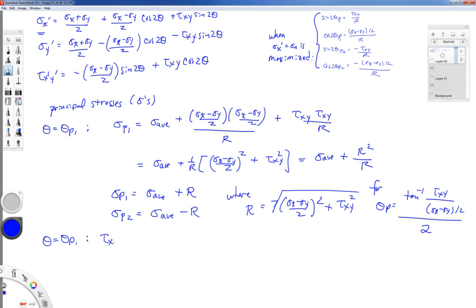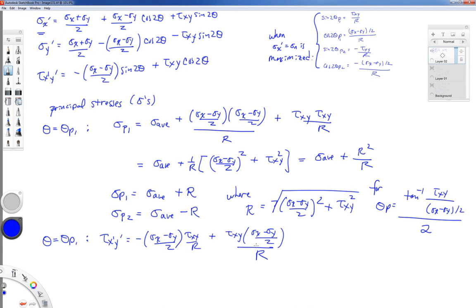The tau x prime y prime equation will be equal to minus sigma x minus sigma y over 2 times sine 2 theta p1, which is tau xy over r. Then we're going to have plus tau xy times the cosine of 2 theta p1, which is sigma x minus sigma y over 2 divided by r.